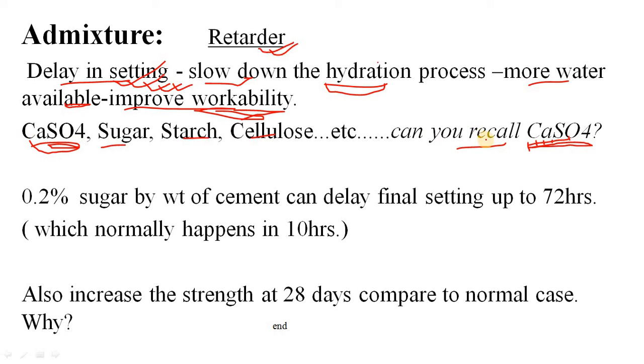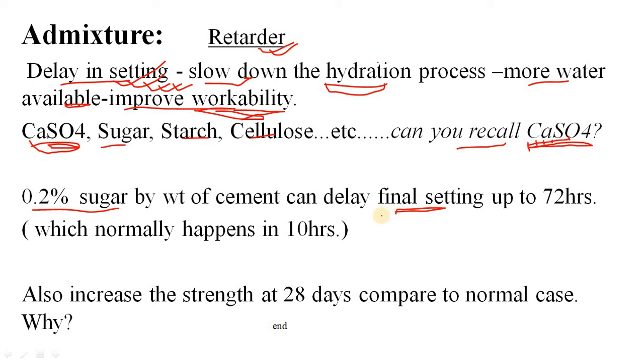Okay, if you have not seen that video, you may watch it. For example, take sugar as a retarder. If you use only 200 gram of sugar in 100 kg of cement, what will happen? What is the final setting time of cement? It is 10 hours or 600 minutes. So within 10 hours your concrete sets completely and finally.